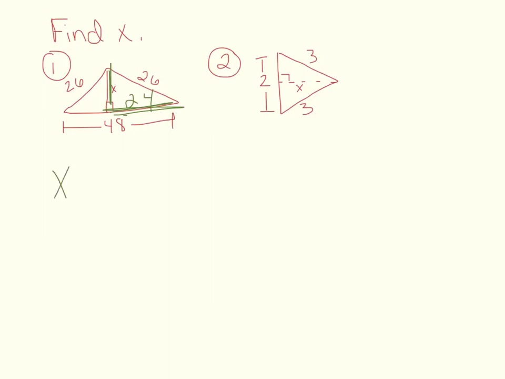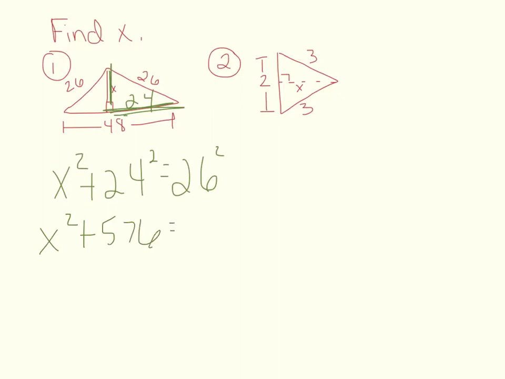So I would know that x squared plus 24 squared equals 26 squared. So you get x squared plus 576 equals 676.